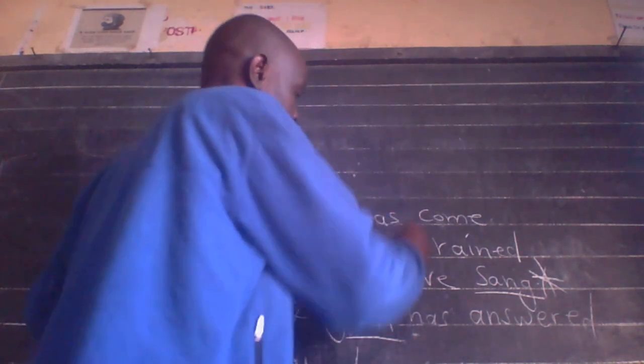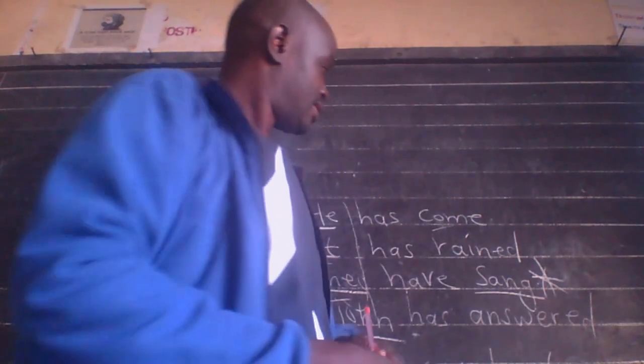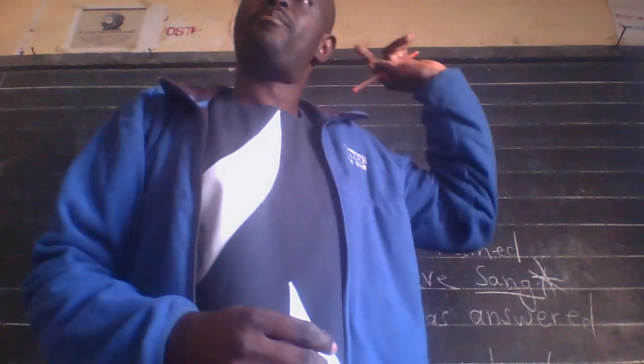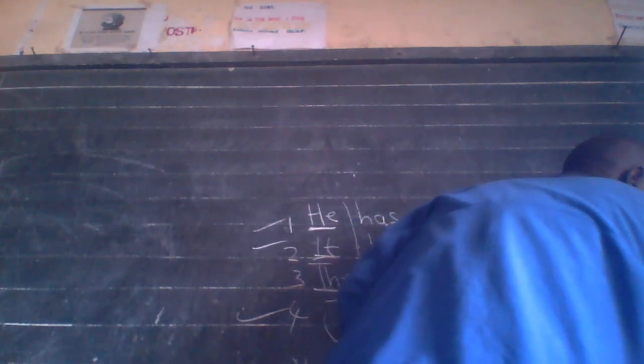Plus this one, has or have. Good. Plus, which part? Just using this, and this. Good. The past participle. The past participle. Very good.